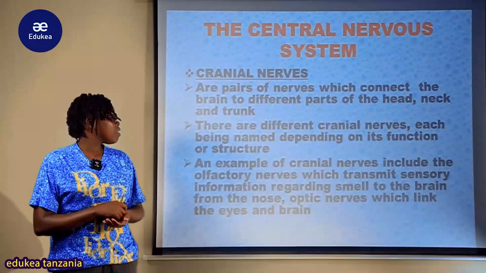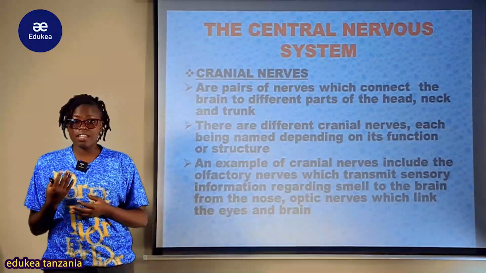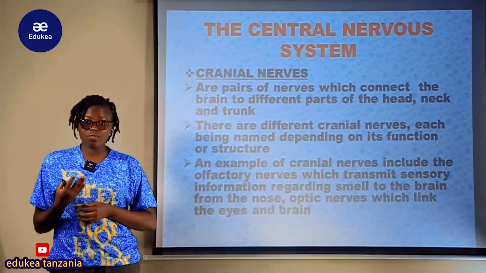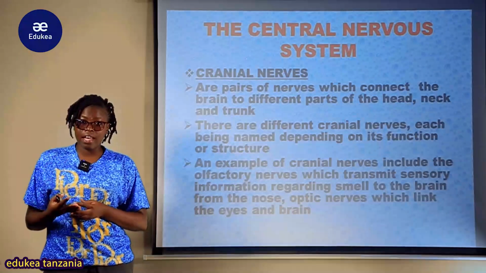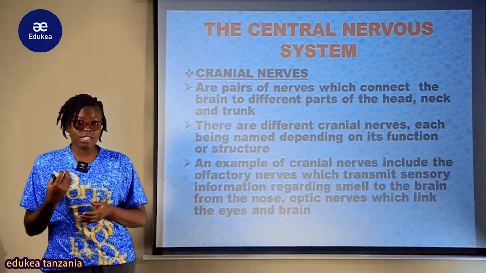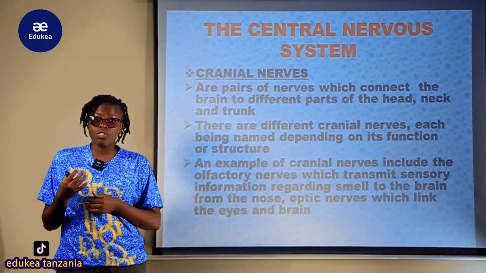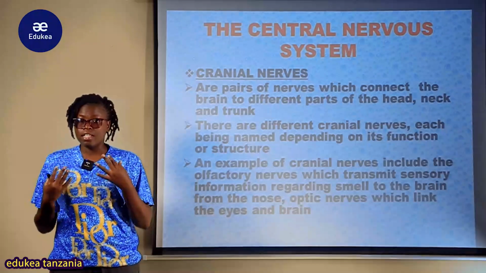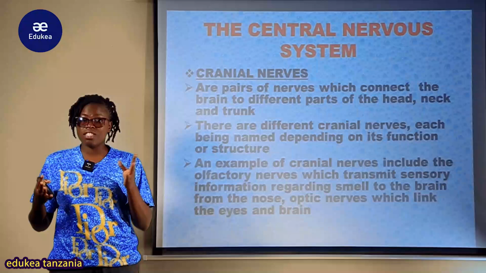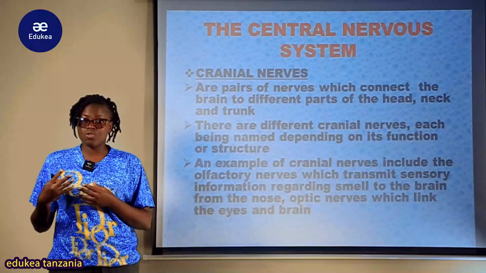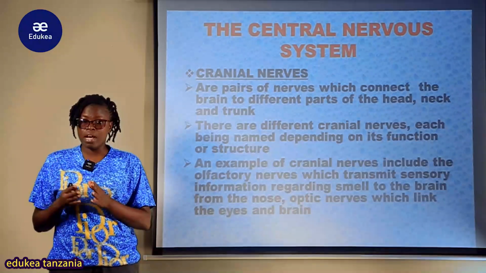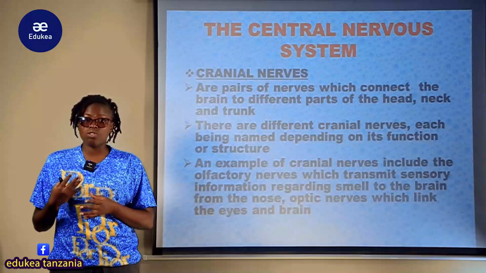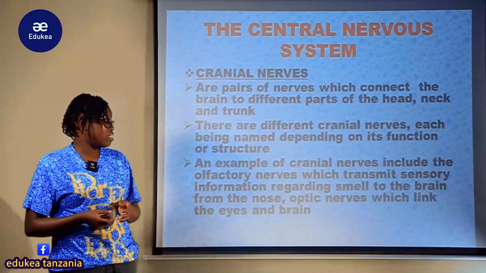So, the cranial nerves. These are the nerves which hold the brain to the region of the head, neck, as well as the trunk. They tend to hold the brain in an upright position by fixing it to the head, the trunk, and the neck.